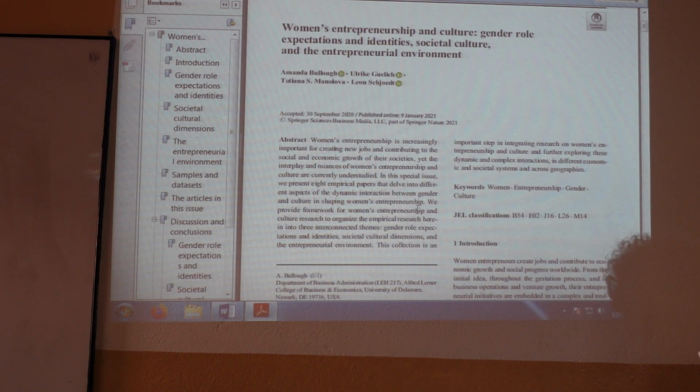Entrepreneurship and gender role expectations. Entrepreneurship and identity. Entrepreneurship and social culture. Do you see the colon there? Women's entrepreneurship and culture is the topic. Then there are subtopics. Gender role expectations and identity is 1. Social culture is 2. And entrepreneurial environment is 3. So there are 3 focus areas.